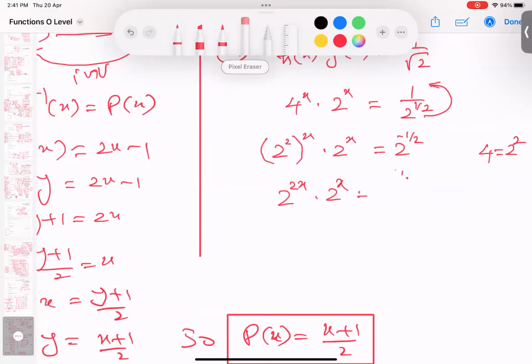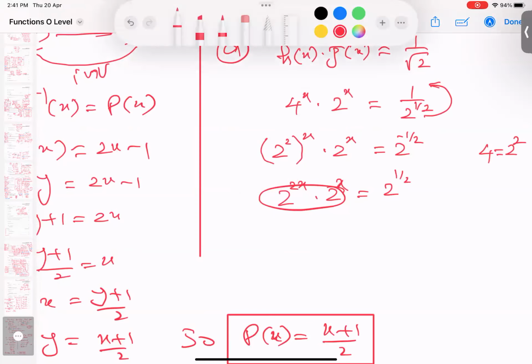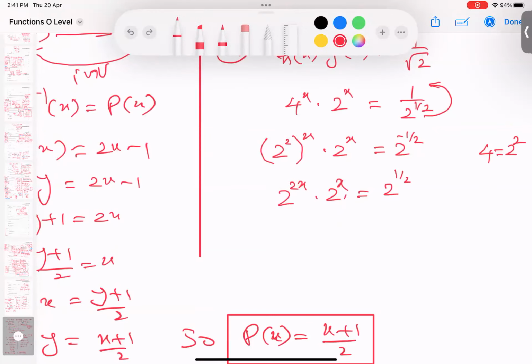Now, some students try to cancel this way, which is totally wrong. They cancel like that. Totally wrong. With the same bases multiplying, the powers will add. So 2 into 2, some students think 2 into 2 is 4. Wrong. I will make one base and the powers will add. So basically, same bases, powers add always. And I get 2 to the power 3x equal to 2 to the power half.